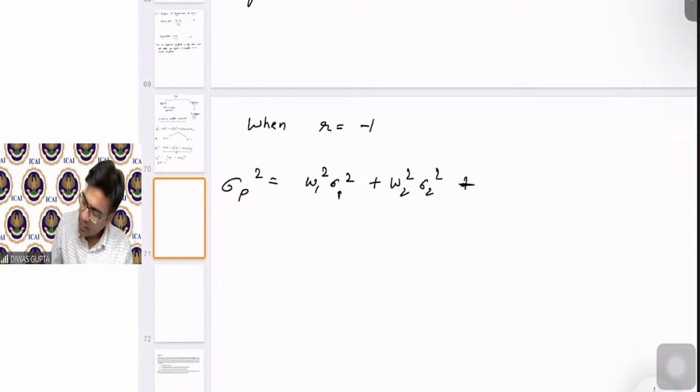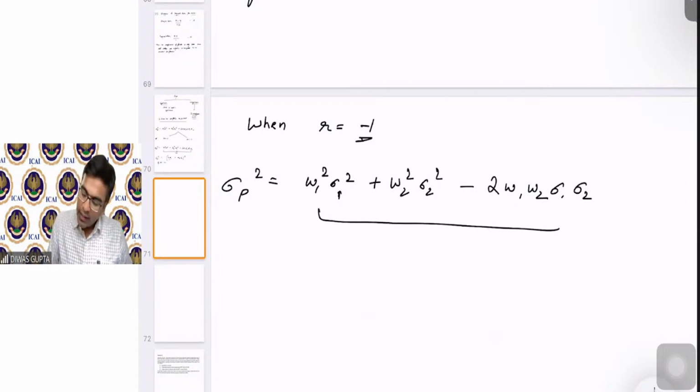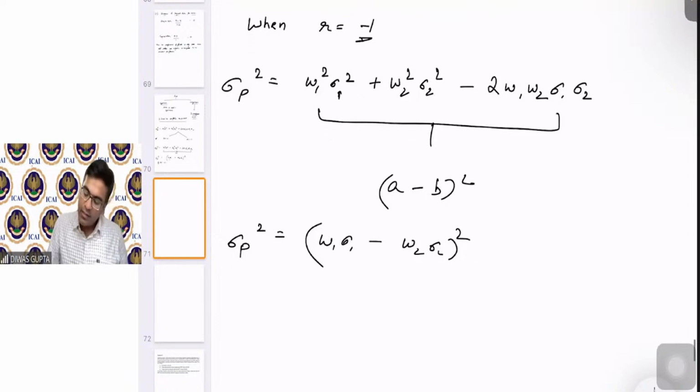Instead of plus, I am here writing as minus, -2 weight 1, weight 2, standard deviation 1, standard deviation 2. And I'm removing out R, because R is -1, I've already taken minus here. So can I again rewrite this as (A minus B) square, which is (W1 standard deviation 1 minus W2 standard deviation 2) square. This is (A minus B) square.